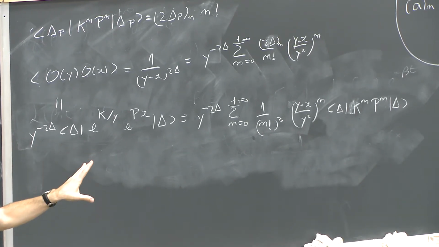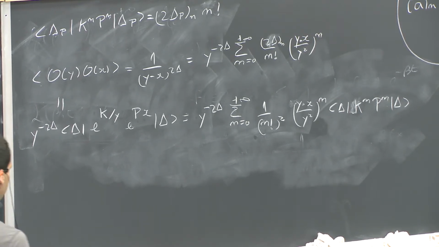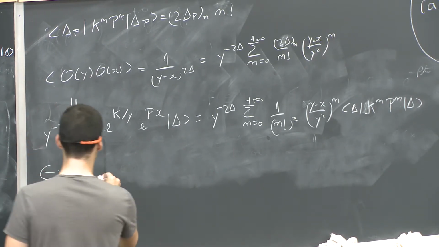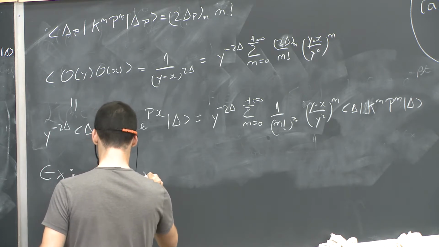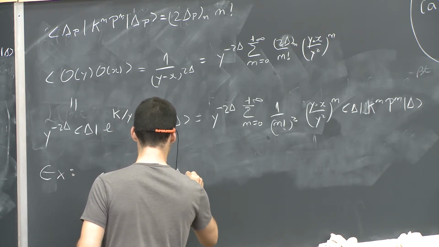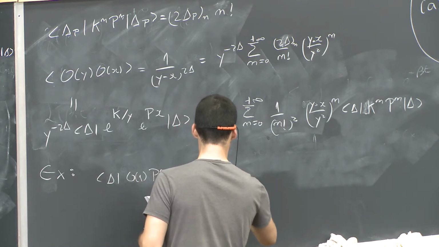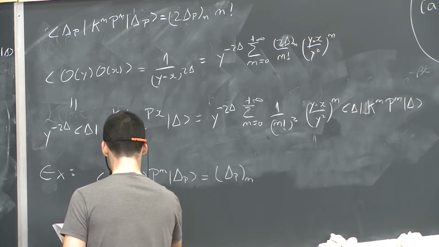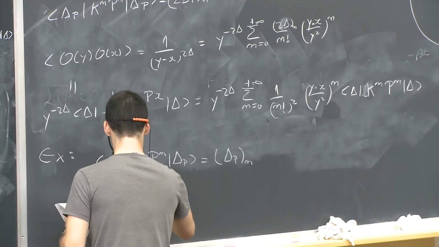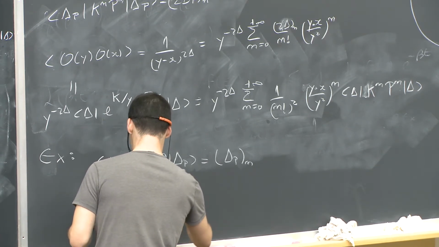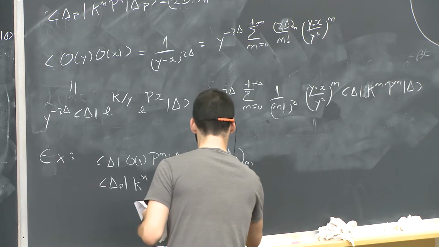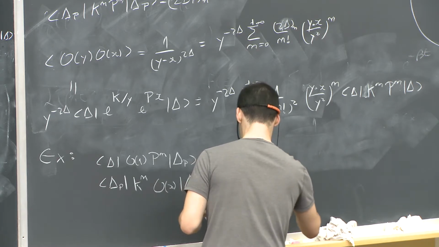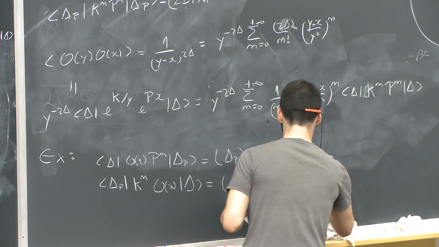So radial quantization works, if you want. Anyway, now you can treat it as an exercise. Prove that delta O1 Pn delta P is delta P n, and delta P Kn O x delta is delta P n x to the delta P minus 2 delta plus n.